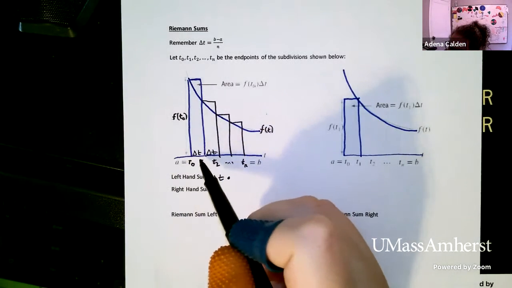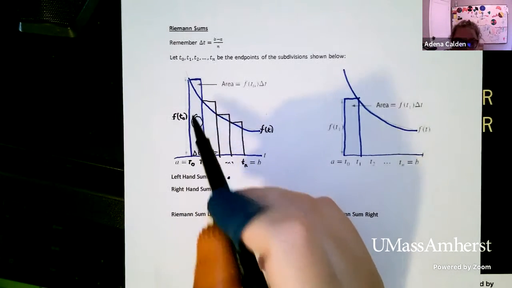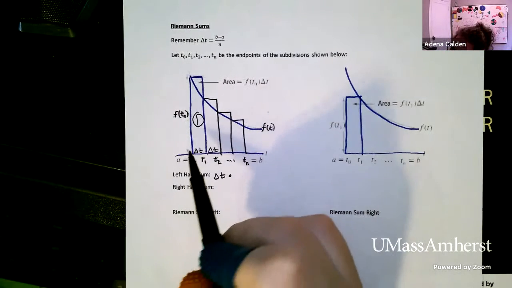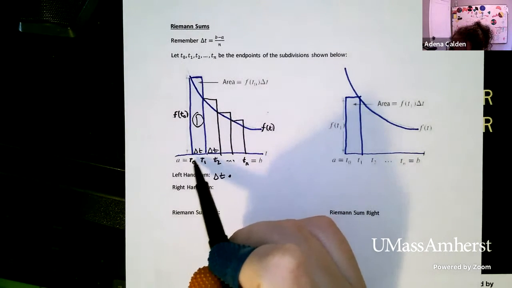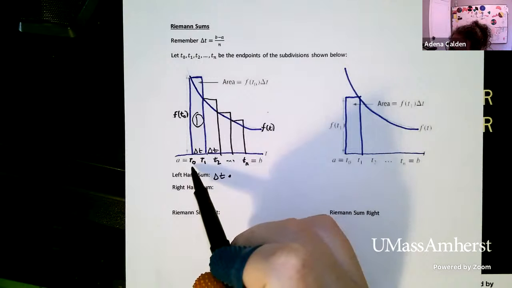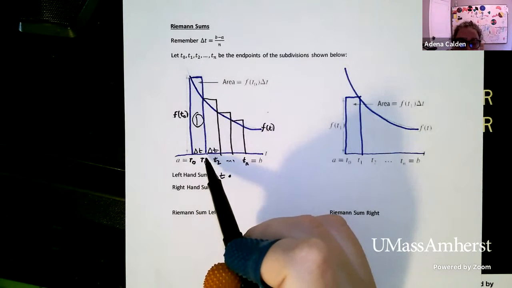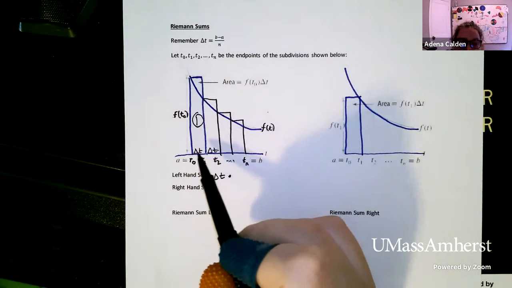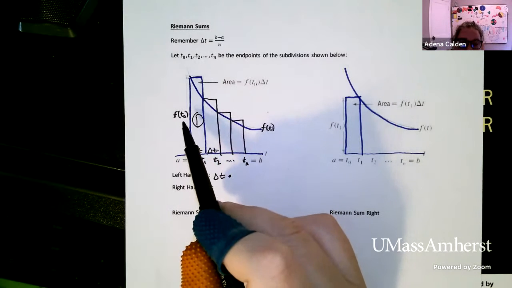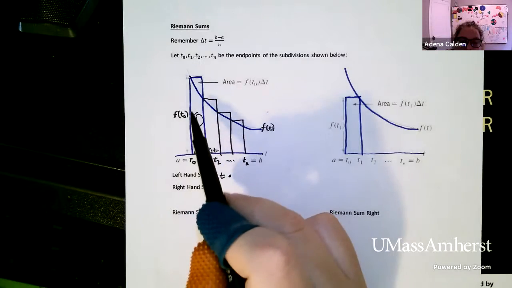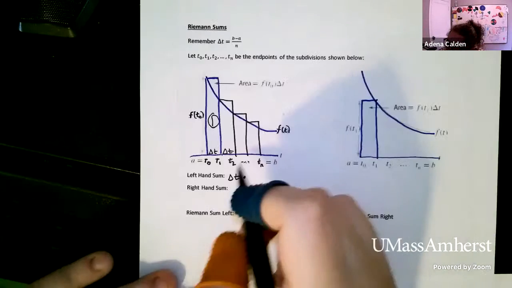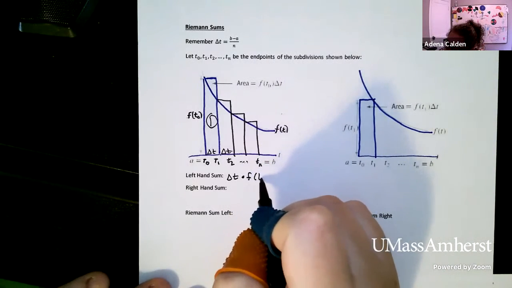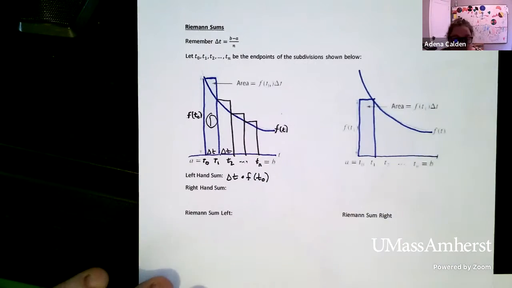Now, let's talk about the height of this first rectangle. For a left-hand approximation, the two values I could plug in to get the height are t sub 0 or t sub 1. Since we're doing a left-hand approximation, we pick the one on the left, t sub 0, and we plug it into the generic function f of t. So the height of the first rectangle is f of t sub 0.